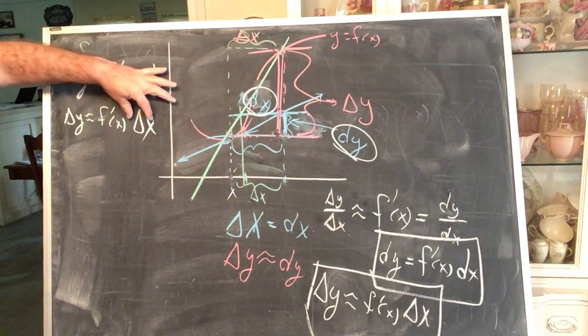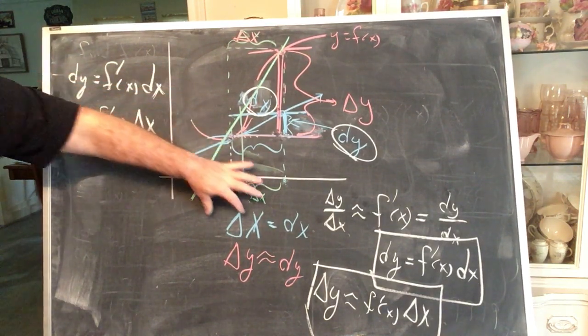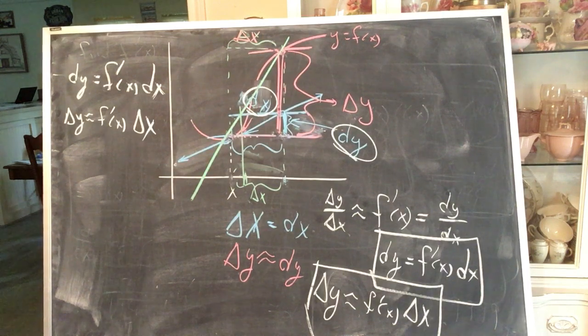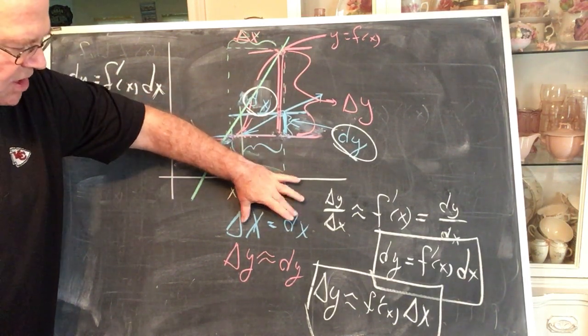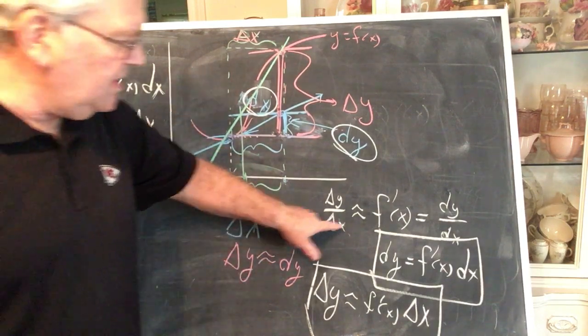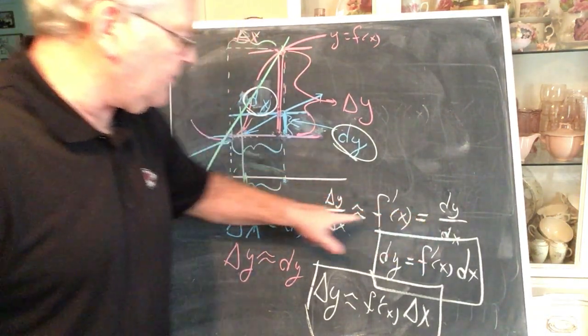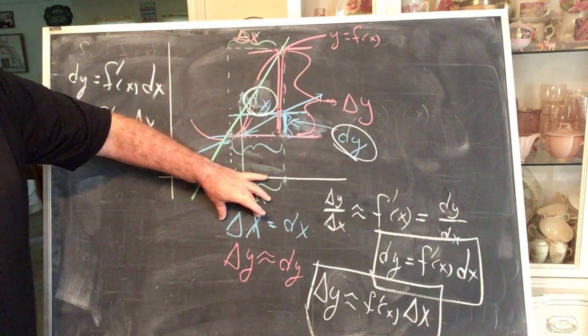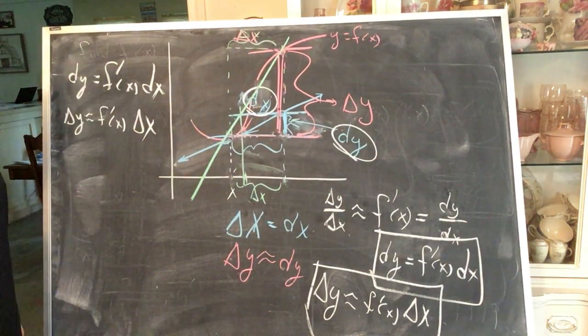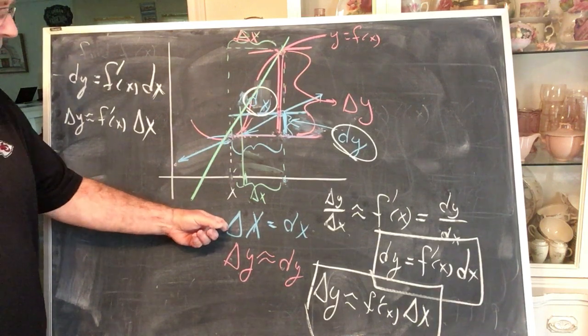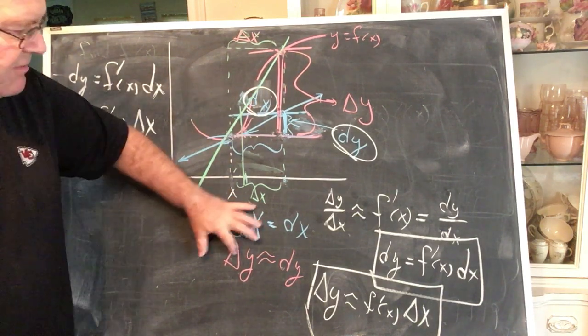As delta x gets smaller and smaller and smaller, this approximation gets better and better and better, because delta x is always equal to dx. So these denominators are always equal to each other. But as delta x gets smaller and smaller, these numerators get closer and closer to each other. And so as delta x gets smaller, this approximation gets better.